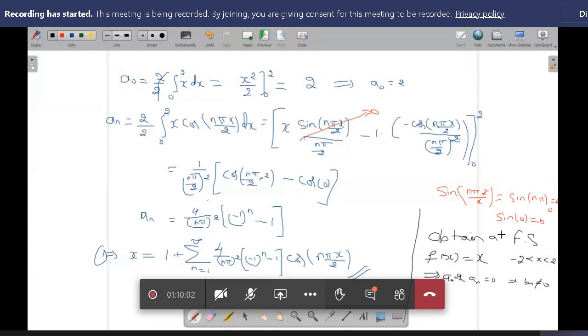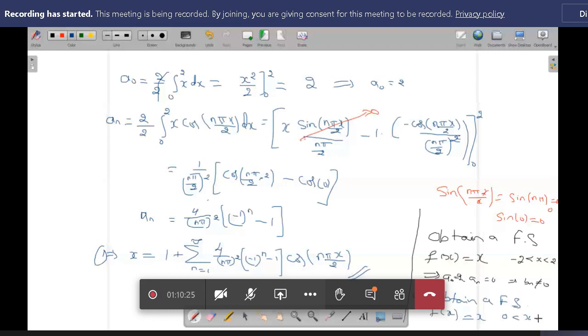Now I'll change the interval. For the second part, I'll ask you to obtain a Fourier series for the function f of x equals x in the interval 0 less than x less than 2.